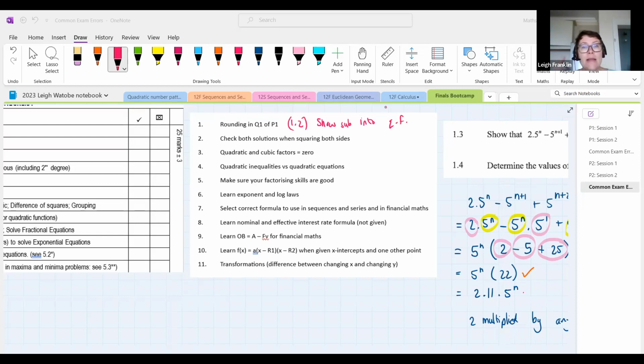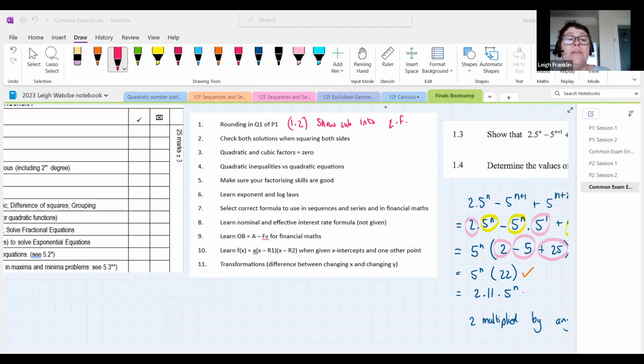Then another place where students often lose marks is with quadratic and cubic factors. If you are factorizing a quadratic expression, or even if they ask you to find the x-intercepts of a cubic function, make sure on the line where you have your factors, if you haven't used the quadratic formula, that you do not leave off the equal 0, even if you wrote it in the line above where you've written standard form.